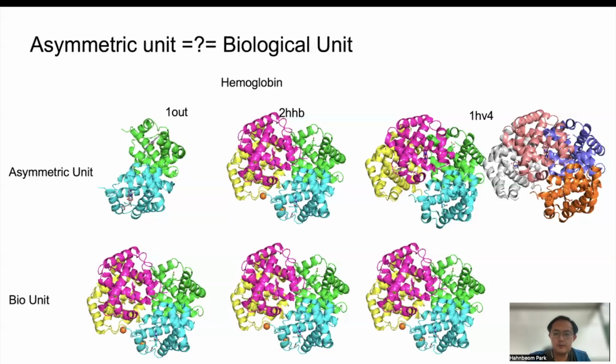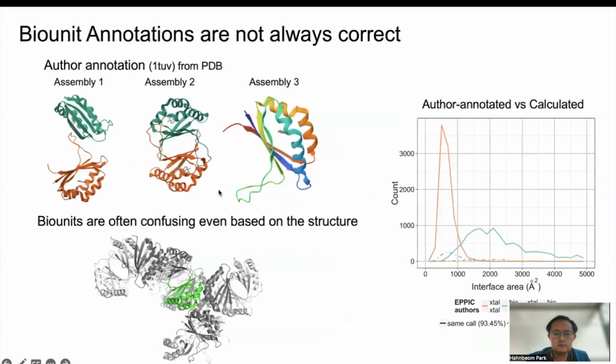And this is extremely important because when you look at protein structure from PDB, especially when it's a crystal structure, you have to extract biounits from the asymmetric unit. People determine the structures based on asymmetric units, but annotate what the biounits should be.